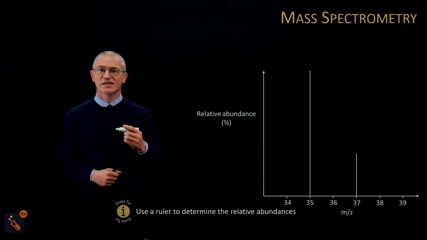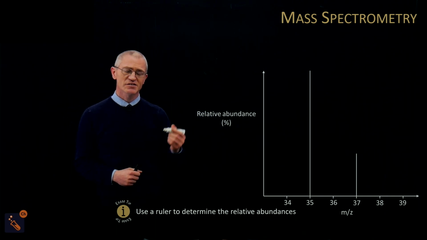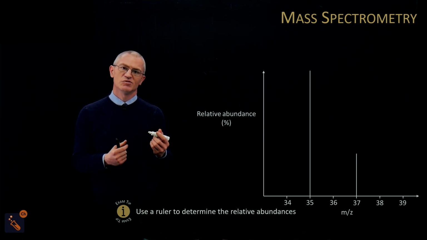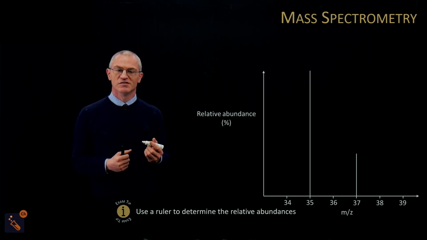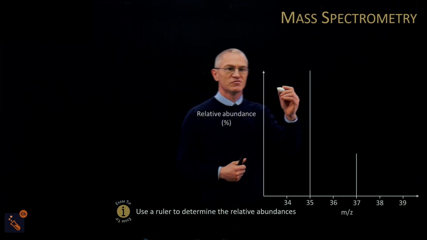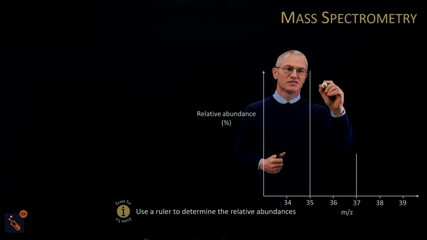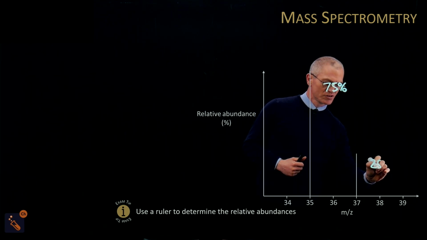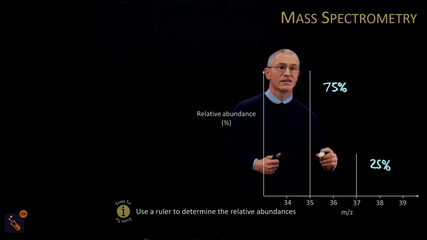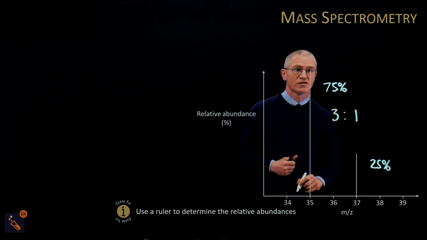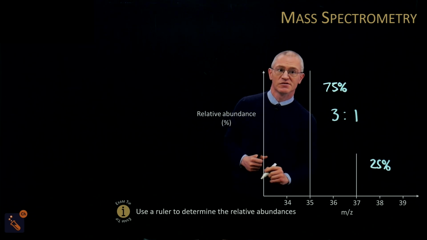To keep it simple, what's 3:1 in terms of 100? We've been using 100 all the way throughout. You don't have to use 100, but we can show this relatively and say this one is 75% and this one down here is 25%, because they're in the ratio of 3 to 1. So 3 to 1 is 75 to 25.